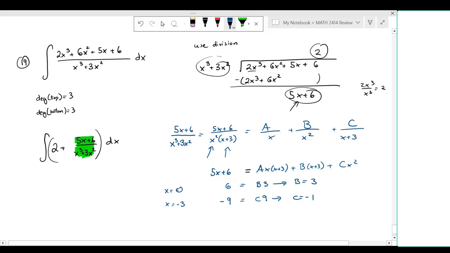And then how can we quickly find a value for a? Well, we can just choose x to be anything else, right? What do you want it to be? Let's say 1. Left side is 11. This is 4a, 4b. Let's see.